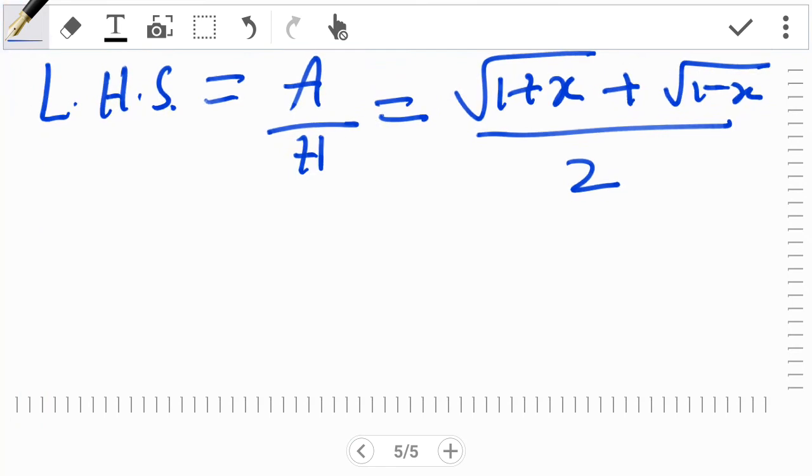Let us try to find out the square of LHS, right?